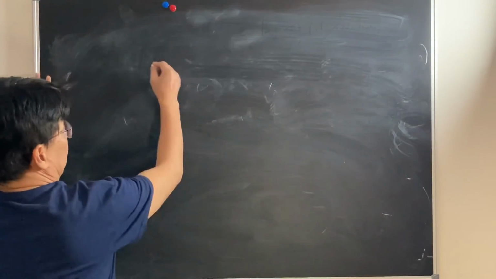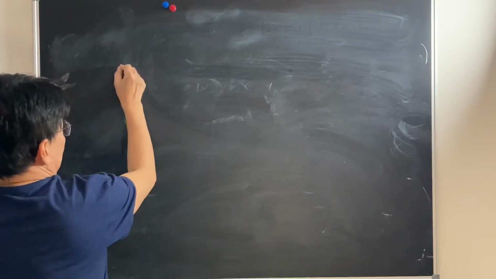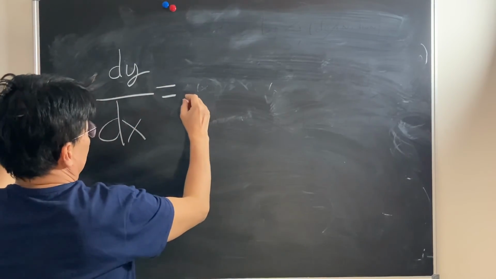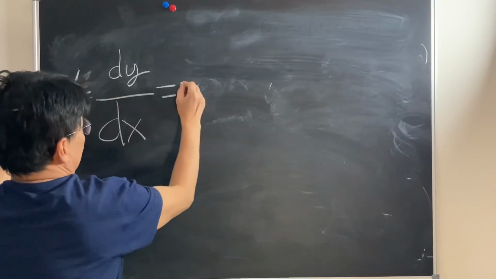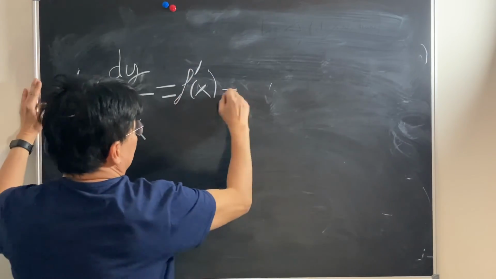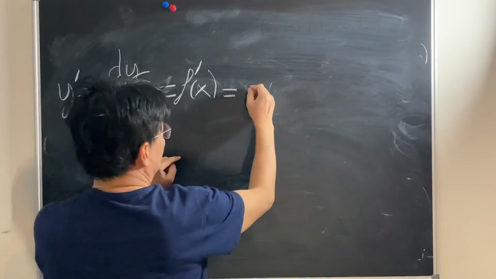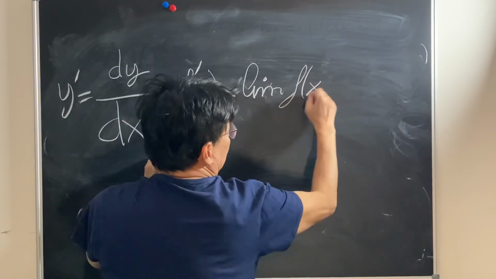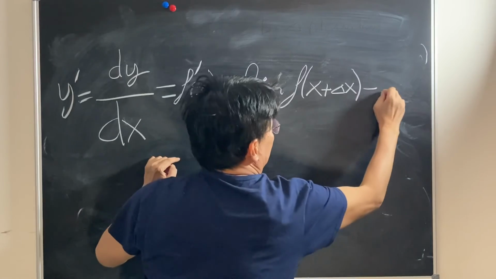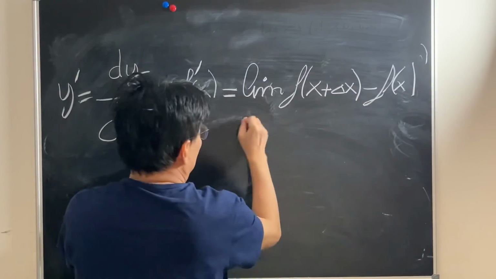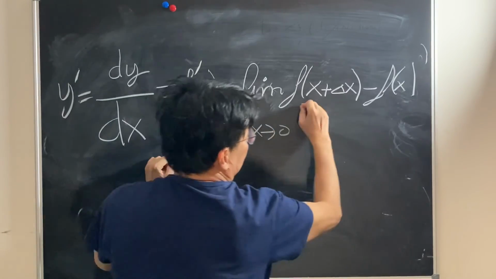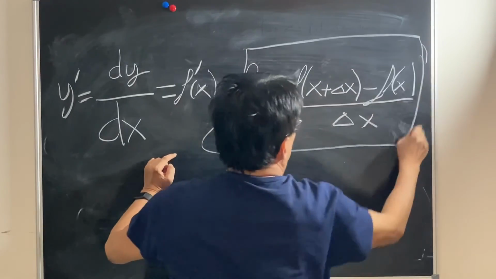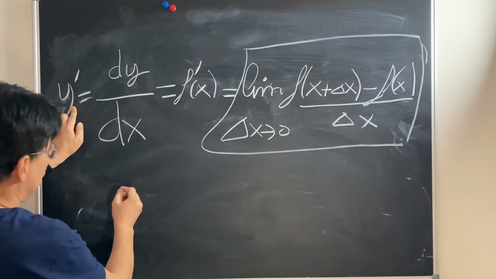So again, dy over dx will be equal to y prime or f prime of x. Here's the summary: it will be equal to the limit of f of s plus delta s minus f of s, times 1 over delta s, as delta s goes to 0.